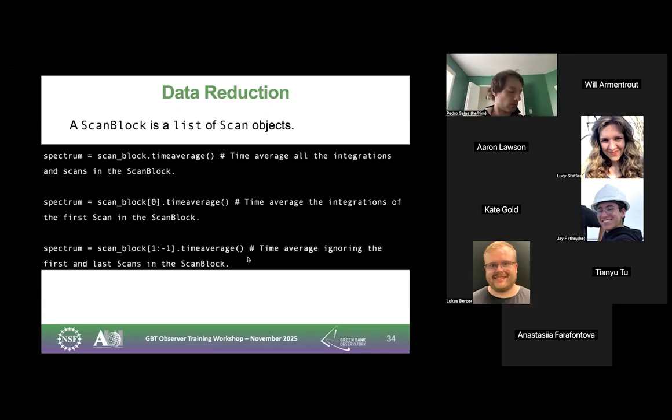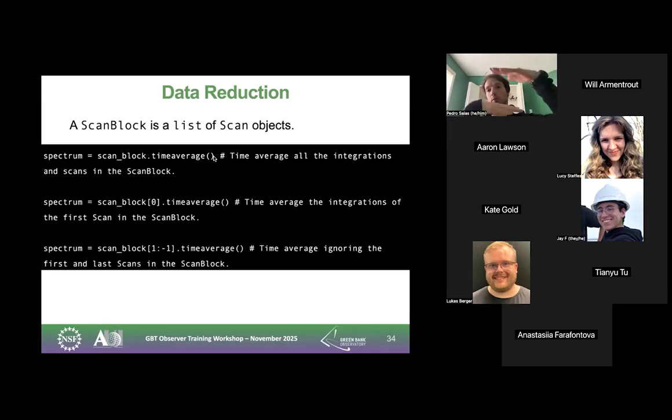So again, just to recap more things, scan blocks, in the end, are just lists of scans. If you're familiar with Python and with lists, that's just to say that you can slice them or index them, right? So we said before you can do this dot time average.